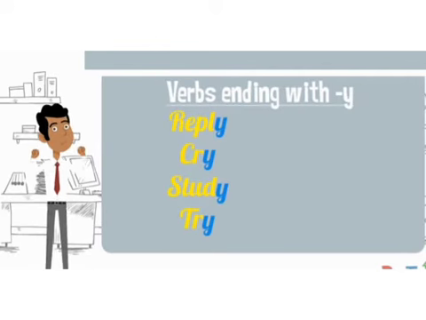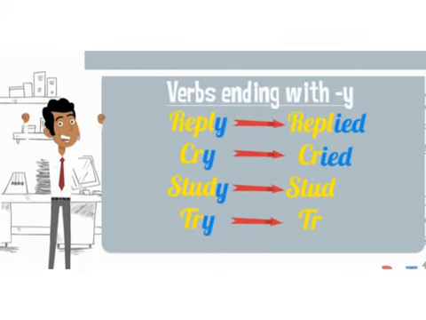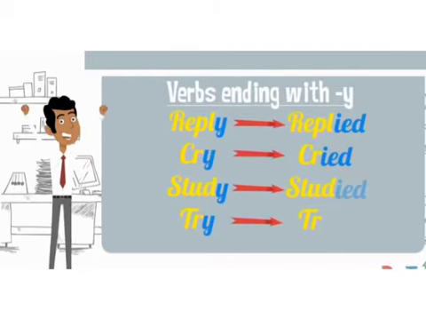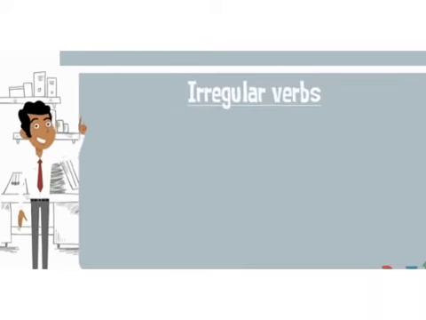Example, reply, cry, study, try. Just remove y and add ied. Yes, children, you are correct. Replied, cried. Come on, children, try for the next two. Yes, you are right. Studied and tried. So replied, cried, studied and tried.